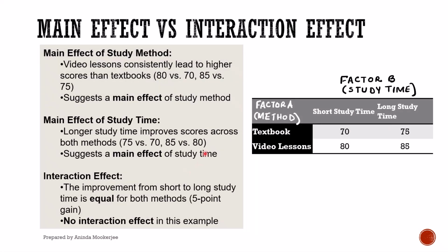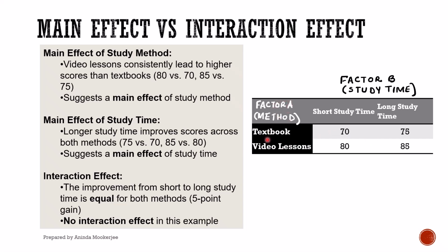Now let's use another example to reinforce our understanding of main effect and interaction effect. In this example, we are studying the effect of study method as well as study time on test scores. So the response variable here is test scores. These numbers are test scores: 70, 75, 80, 85. And factor A is the study method.